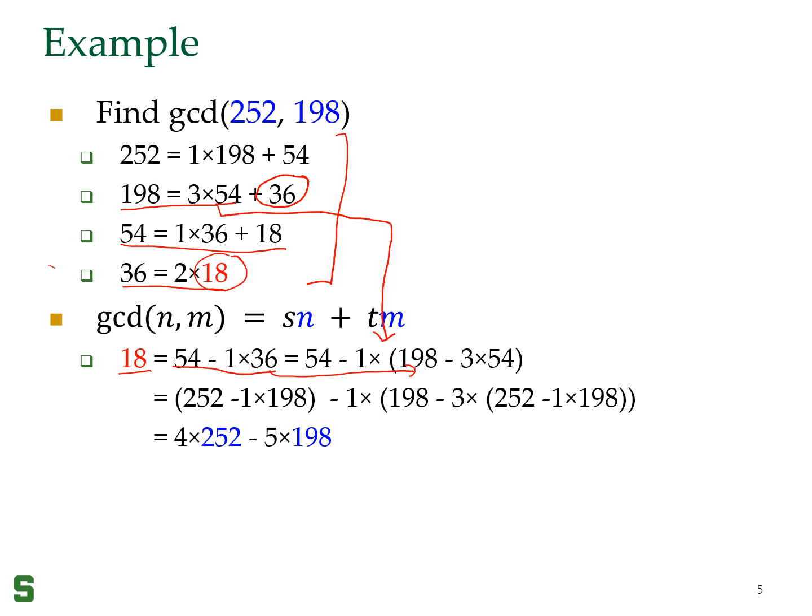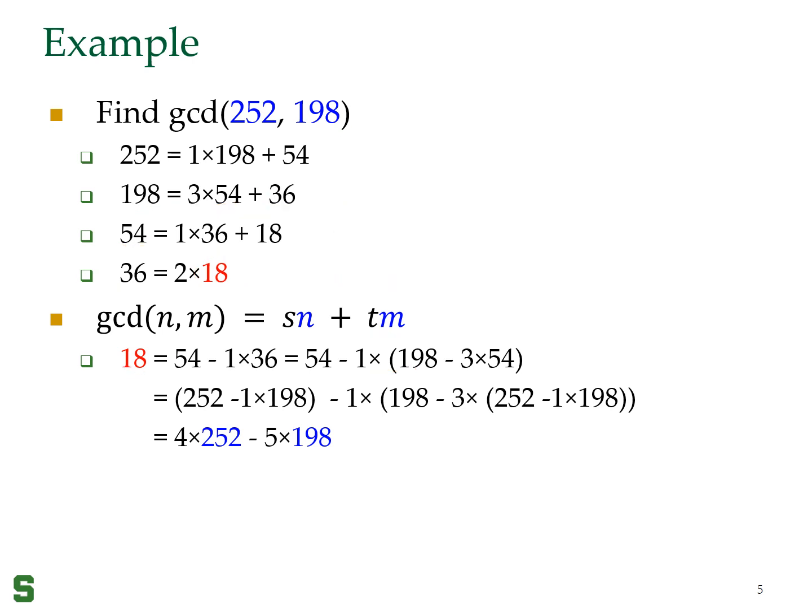So now I got this expression: 54 minus 1 times (198 minus 3 times 54). Note that what we did here is we got rid of 36. Let's continue further. We want to get rid of 54 as well.